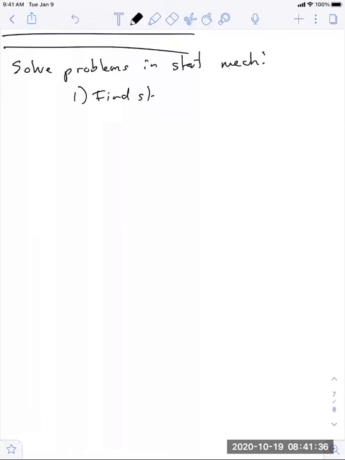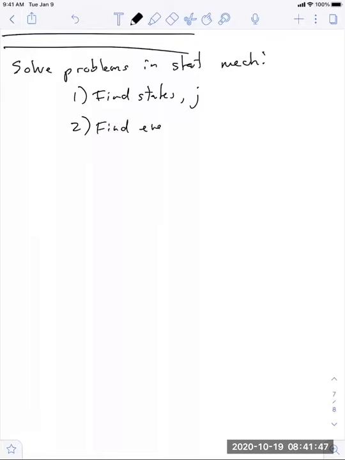So I guess one more semi-review is just how do we solve problems in StatMech? The first thing, we need to find the states, the microstates. I know Garrett uses nu, I tend to use j, mostly the same difference.